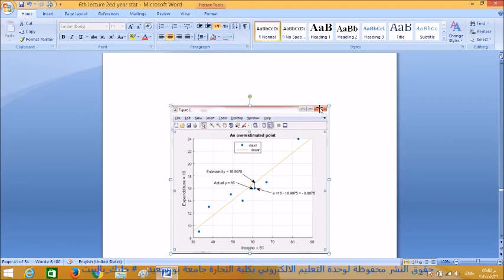But the summation of all differences, under and above, equals 0.